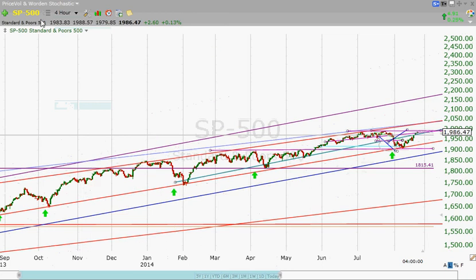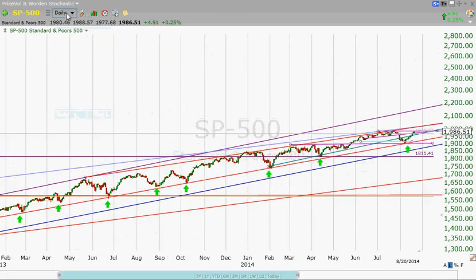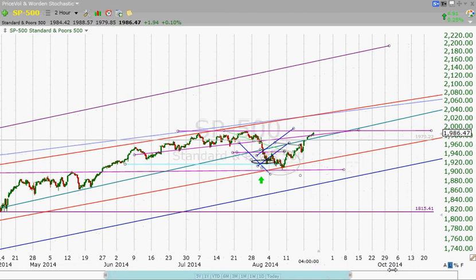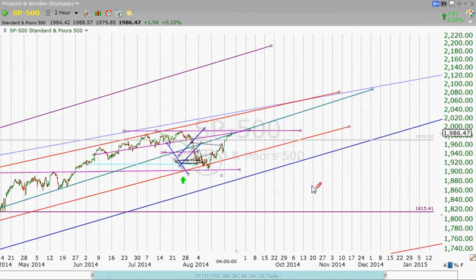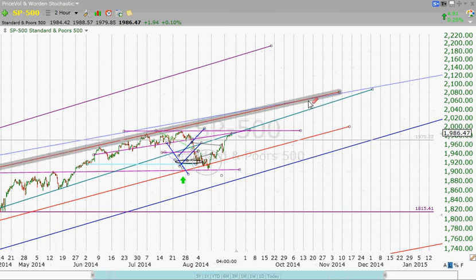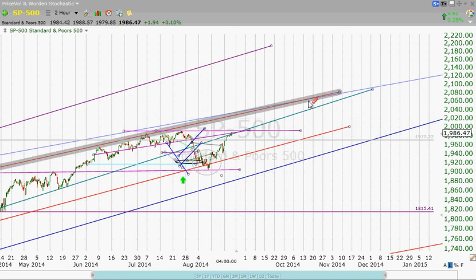Now 2080, if we were to get there, would mean that we would get there in a fairly slow path, where that would not be reached until, let's say the 1st of November, because if this resistance line keeps working, then we shouldn't break over that line, and that line only gives us room for 2080 at the very end of October or the beginning of November.